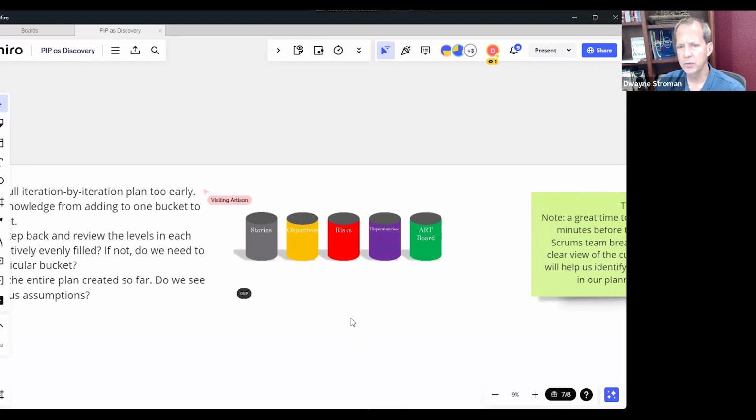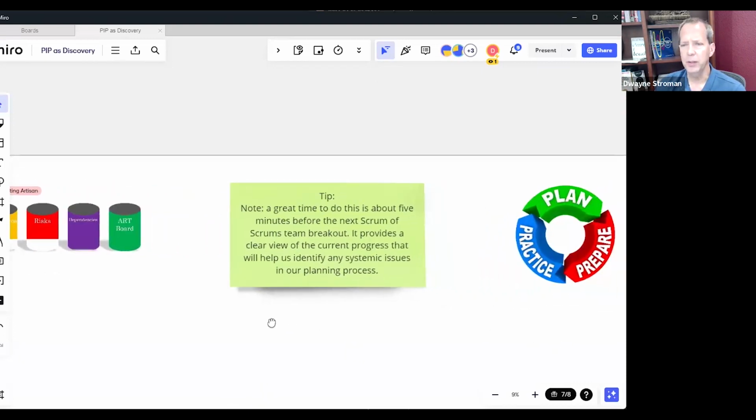If you start adding some stories, you discover some dependency, that leads to objective clarification, great. Just make sure that you're adding a little bit to each and then coming back and adding layers as you move along. So a little tip here. In doing so, this leads to really good clarity and helping get that end-to-end plan that I talked about earlier.